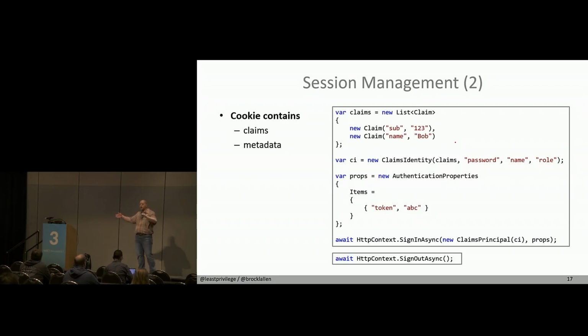Okay? How big can your cookie be? Well, it depends. That's the consultant answer, of course. The real question is this: do you have to support Safari on iOS? If the answer is no, then you have a lot of space in that cookie, like 16K of data. Okay?